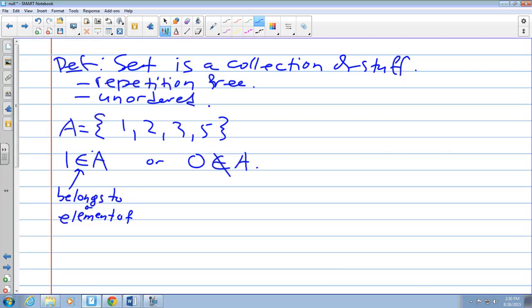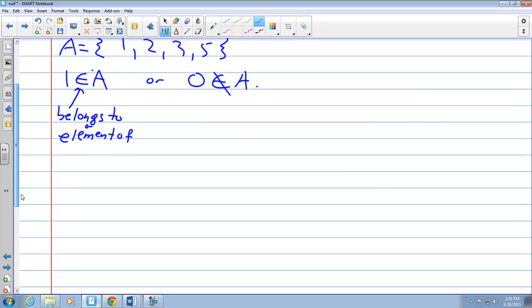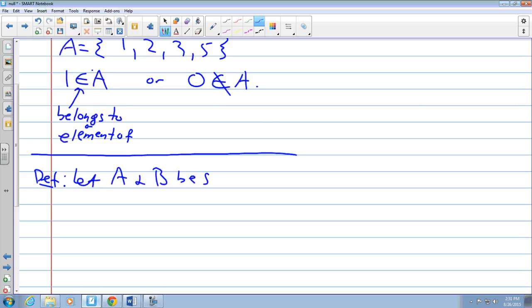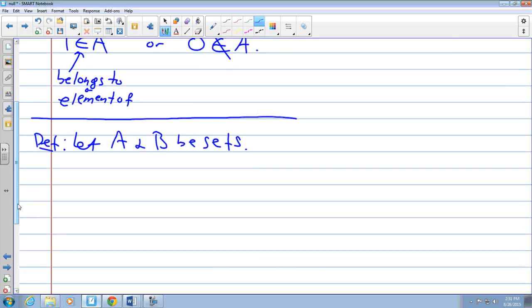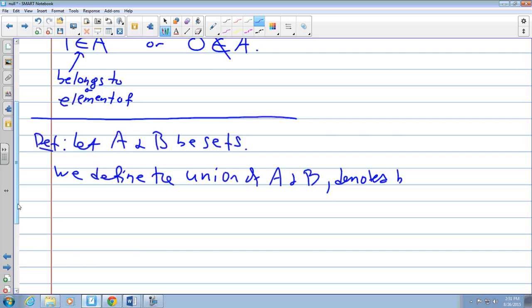Now that union business, the way you saw earlier. So definition, let A and B be sets. We define the union of A and B, denoted by this notation.